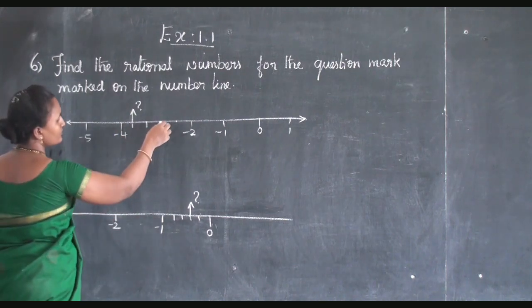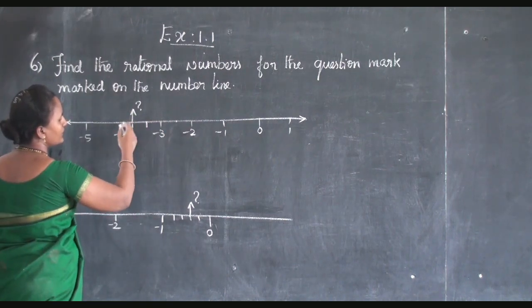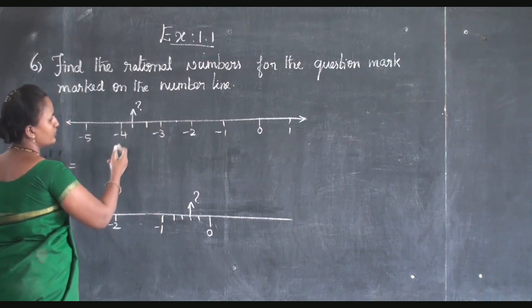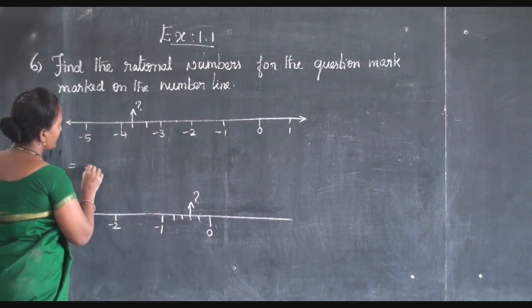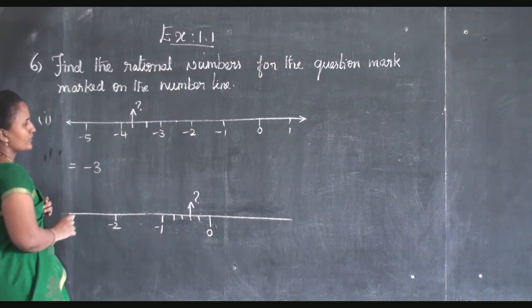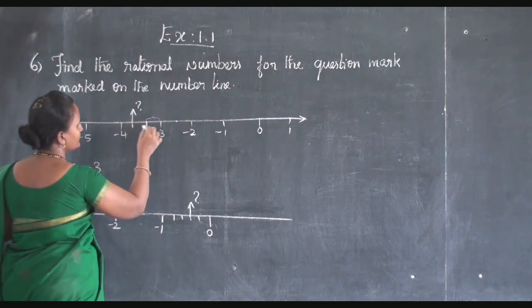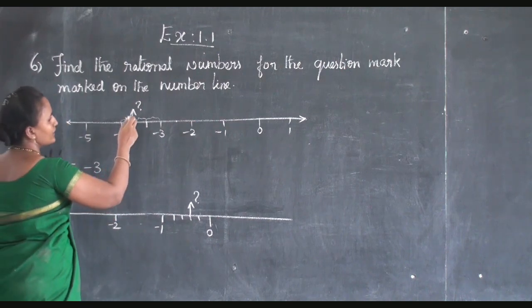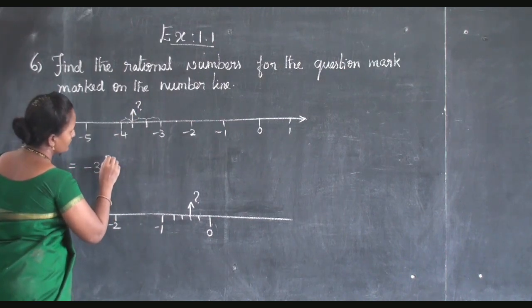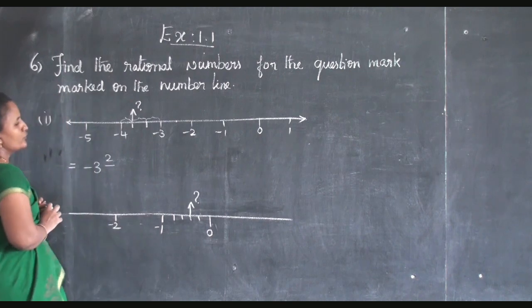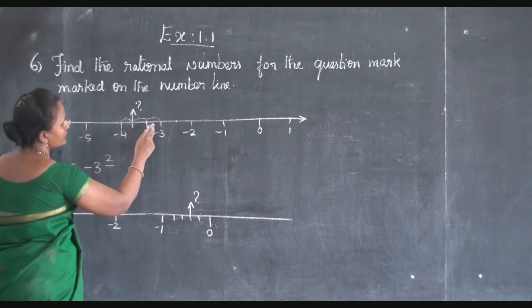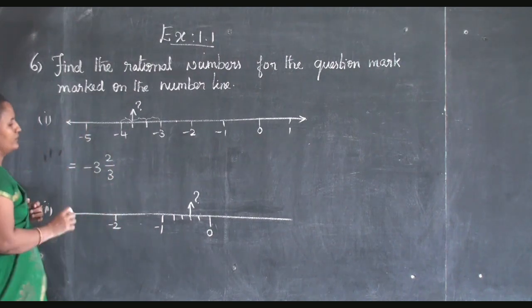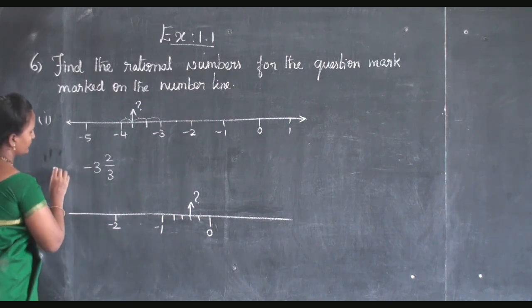First, the number lies in between -3 and -4. So whole number is -3. How many parts is there? 3 parts. The second part you have to put in numerator, and how many parts is there? 3. So this is the answer.